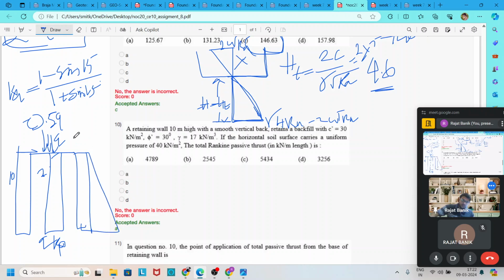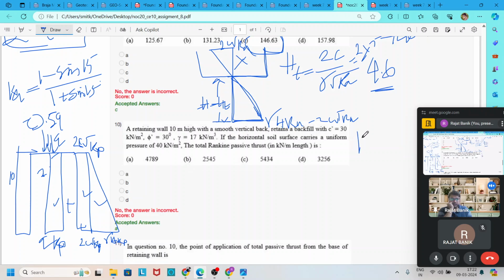Here it is 2c root over Kp, and here also 2c root over Kp, and here it is gamma H Kp. To find this area, this area, this area, and add up. First find out the Kp.